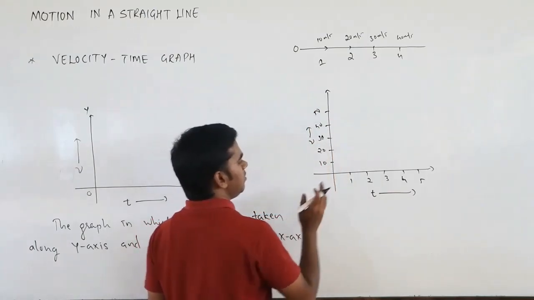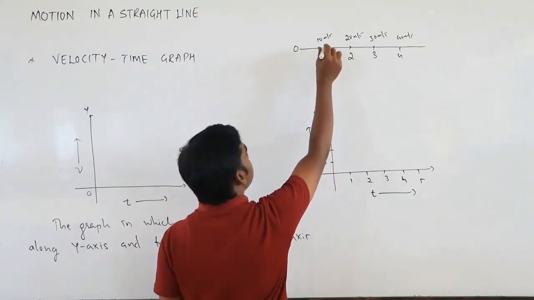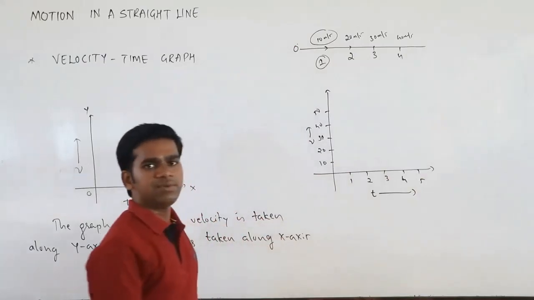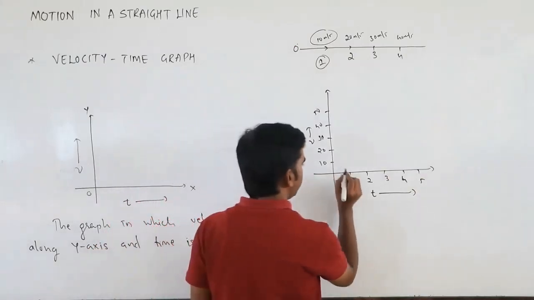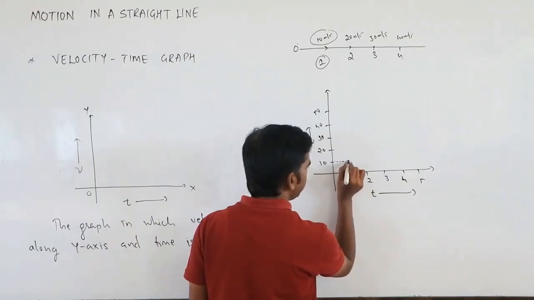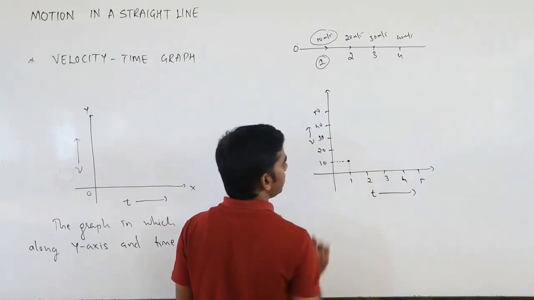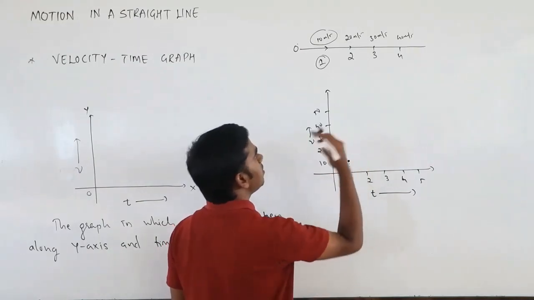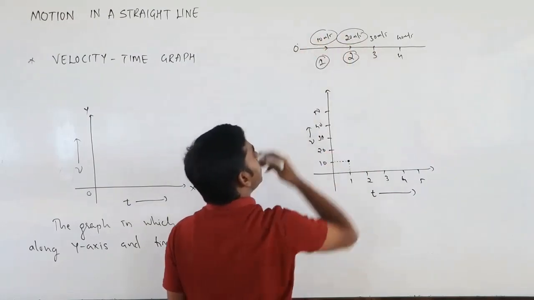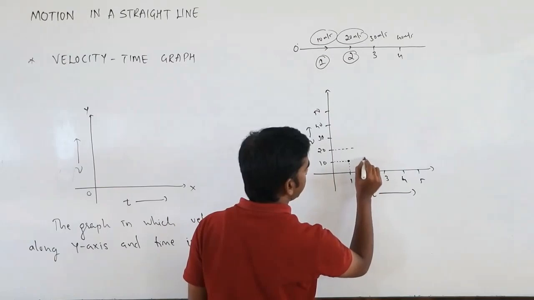Now if you plot the graph, when time is 1 second, it has accelerated to 10 meters per second velocity. So this is the point you are going to get. Similarly, at time equals 2 seconds, the velocity was 20, so you get your point here.